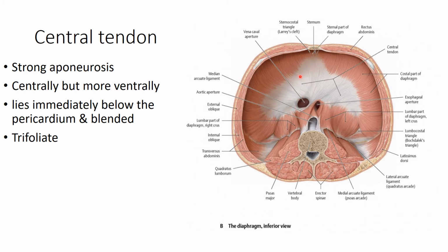It has three folia: this central folium, which is like an equilateral triangle, and these two right and left folia, which are tongue shaped, and the left one is narrower than the right one, which is broader. Now in the posterior aspect of this central portion, it has an aperture for the passage of the inferior vena cava, which is the vena caval aperture.